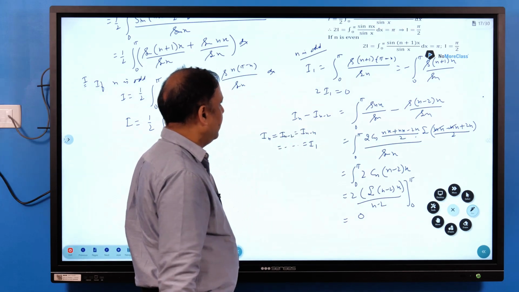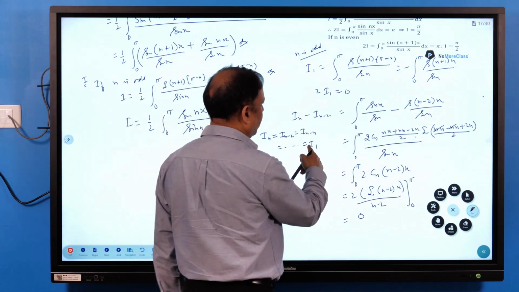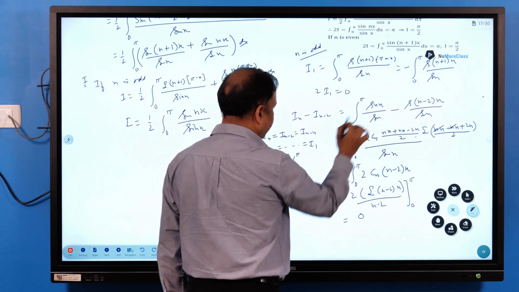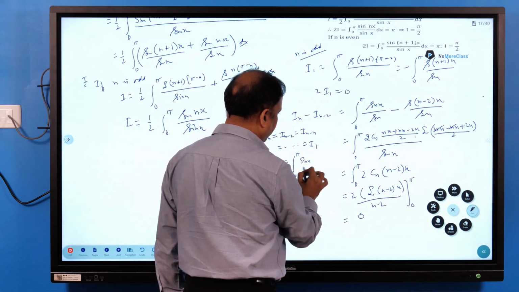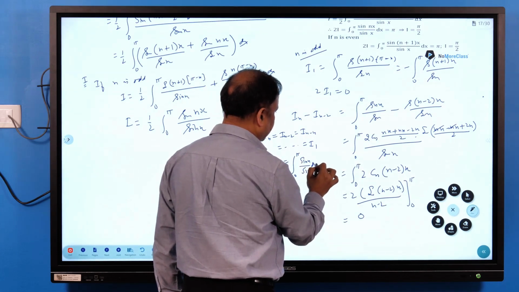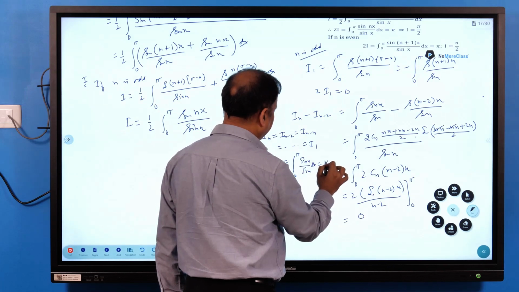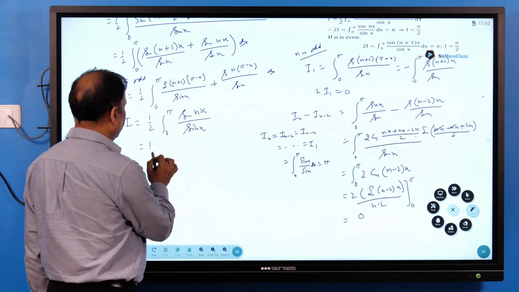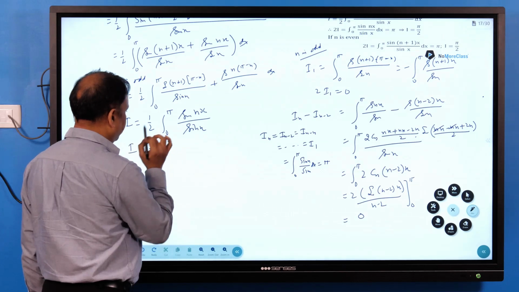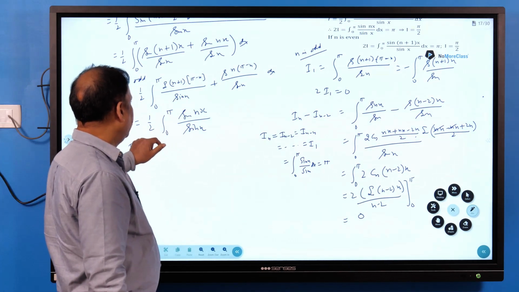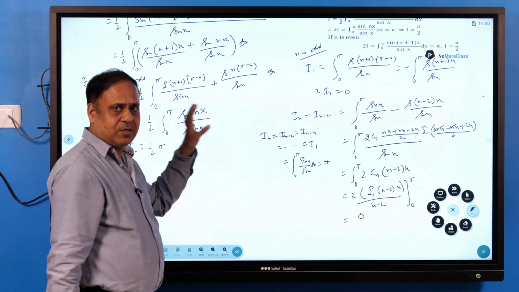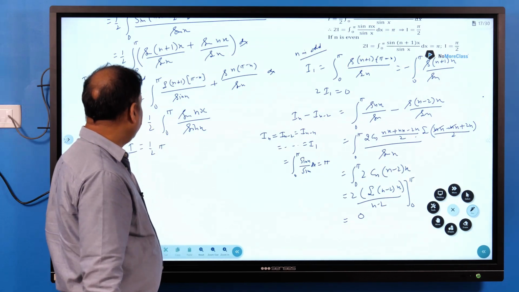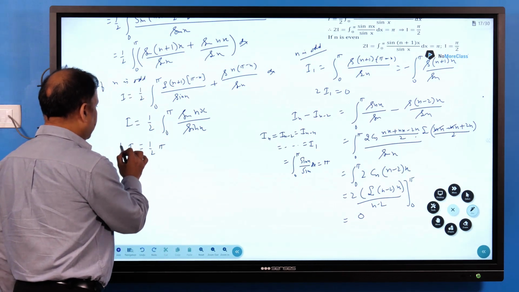I can calculate I1 by putting n equal to 1: integral 0 to pi of sine x upon sine x dx equals integral of 1 dx, which is pi. So integral 0 to pi of sine(nx) upon sine x, you must remember this, is equal to pi.